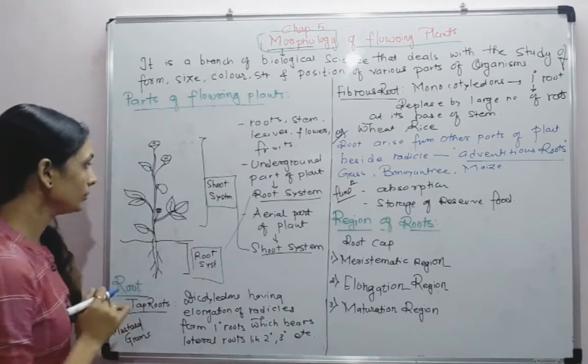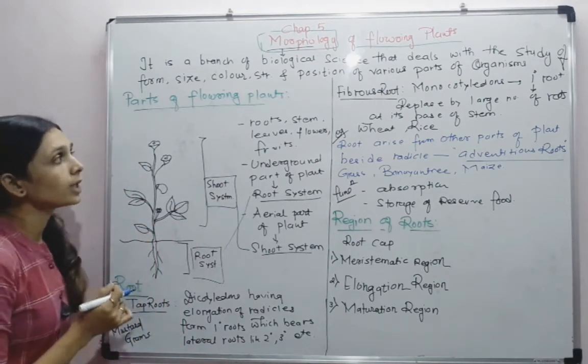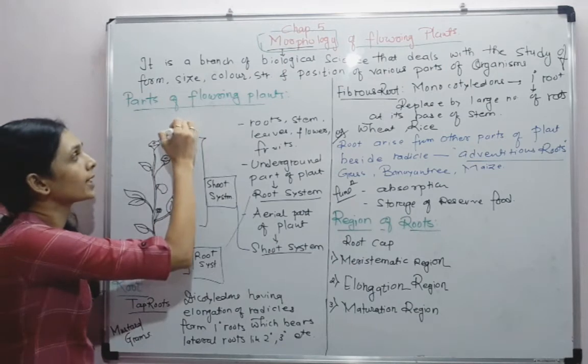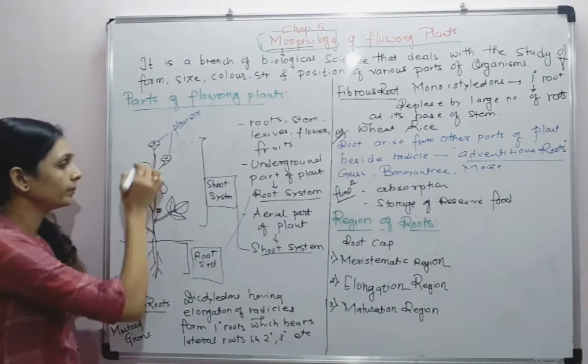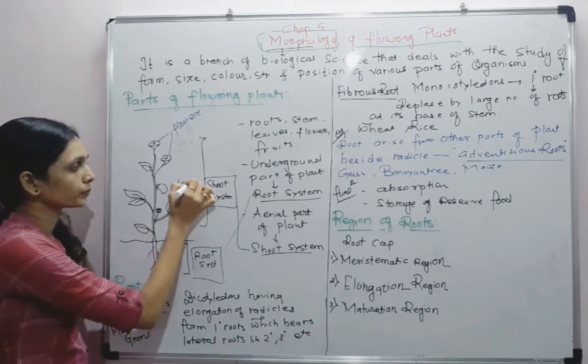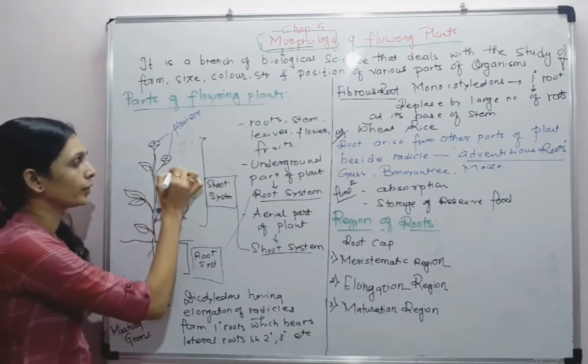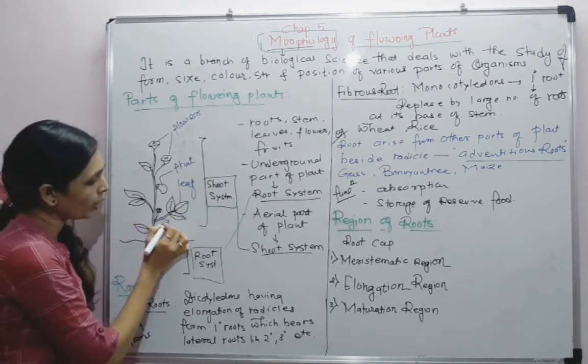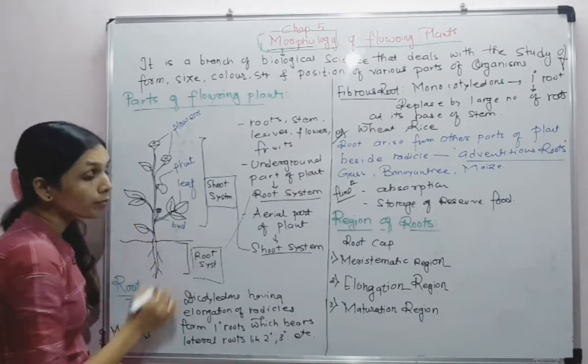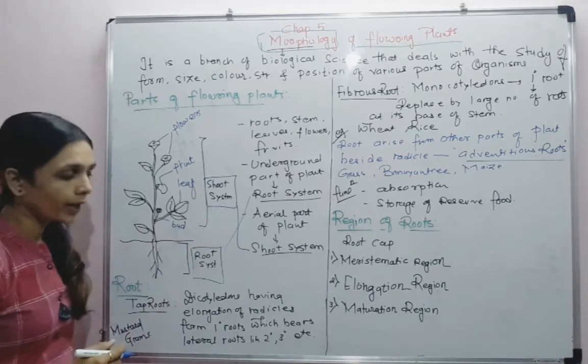Let's see what the other parts are. We can see flower, then leaf, fruit, the smaller one, the bud. You have heard of the bud, right?